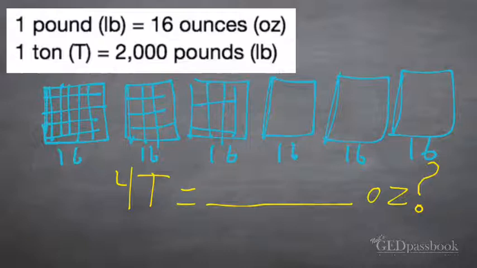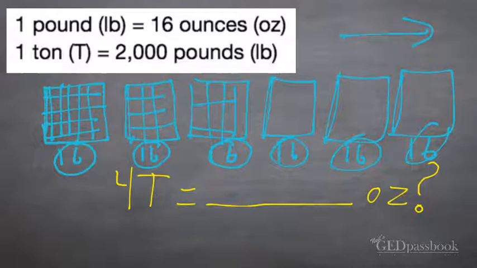Do that all the way up until 2,000, and then add up all of those 16s. 16 plus 16 plus 16, all the way up to the 2,000 mark, right? And then that total is how many ounces there are in 1 ton and 1 ton only, right?